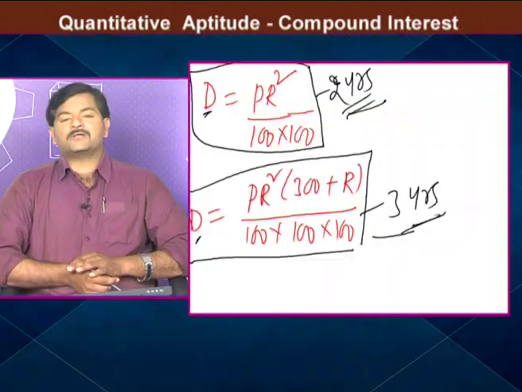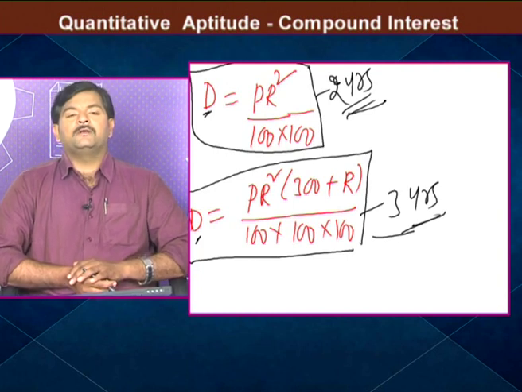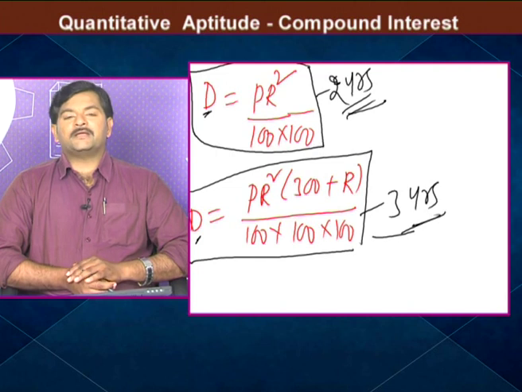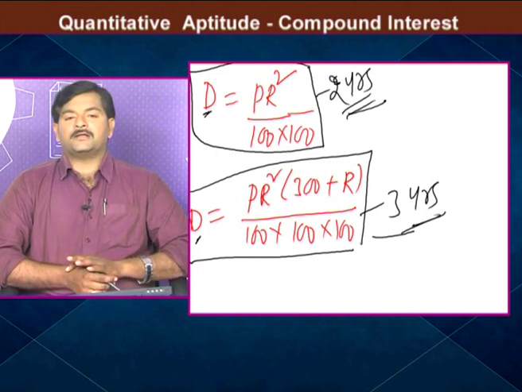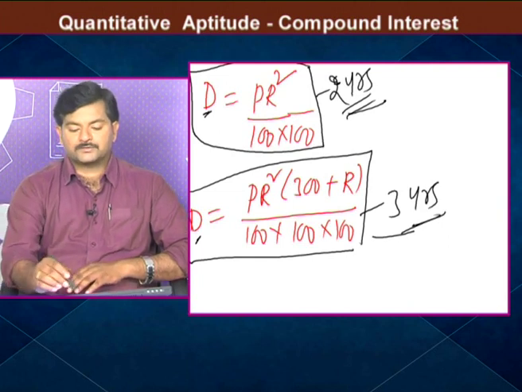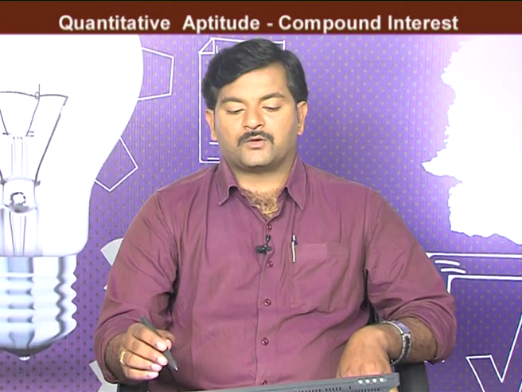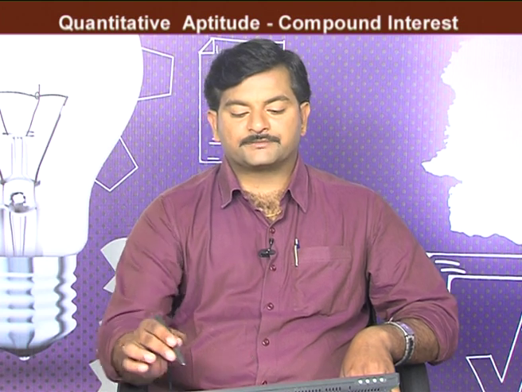Remember, for 2 years the formula is D equals PR square by 100 into 100. For 3 years, PR square into 300 plus R by 100 into 100 into 100. So by using this concept, we can now solve the questions.